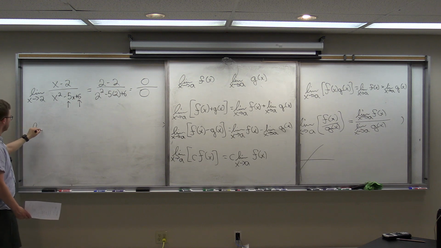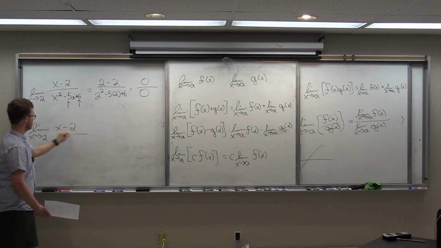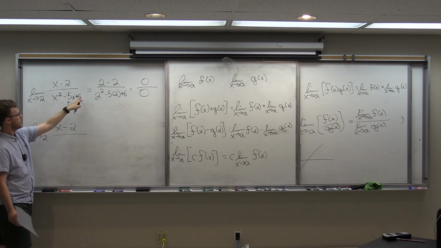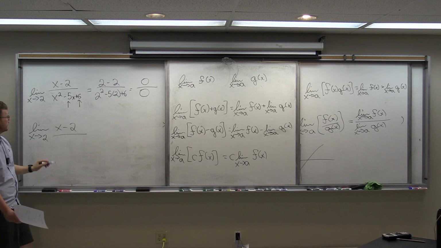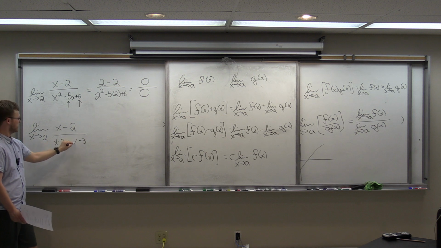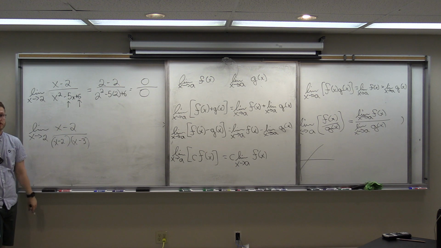So I can rewrite this as the limit as x approaches 2 of x minus 2 divided by what two numbers do add to give me -5 and multiply to give me 6. They are in fact -2 and -3. So this factorization in the denominator is x minus 2 times x minus 3.